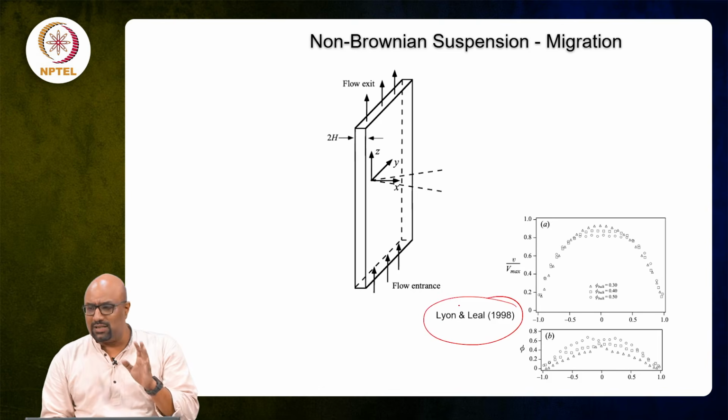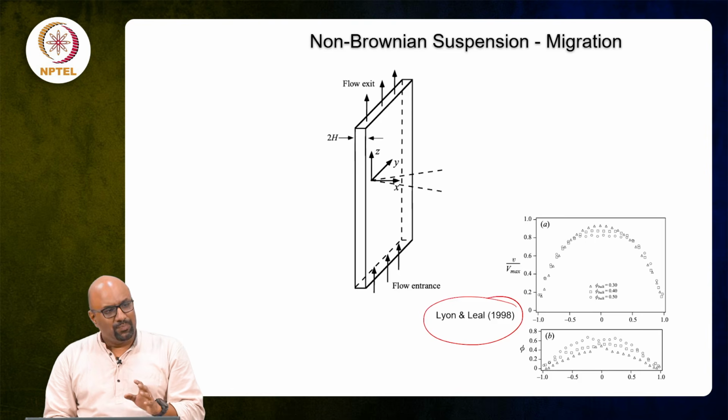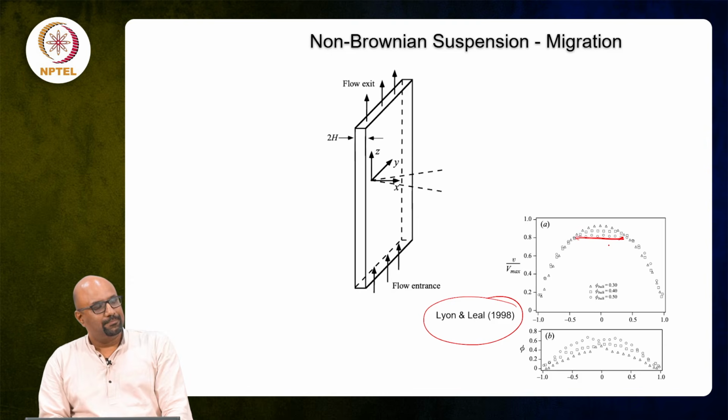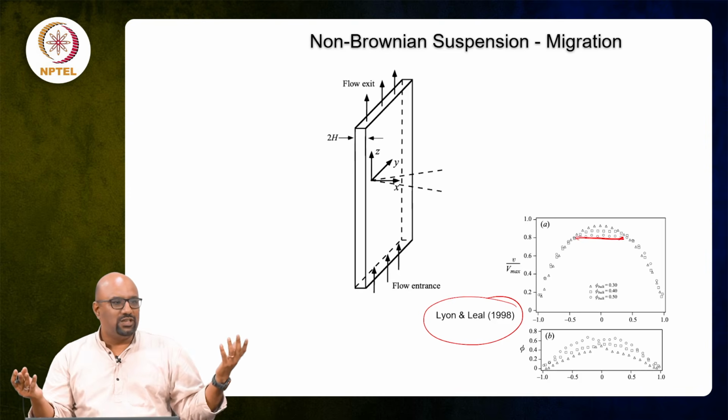were also experiments earlier than this by others, where they observed in a setup like channel flow that the velocity field was not parabolic. The velocity field was a little blunt towards the center. So there are these two kinds of observations.